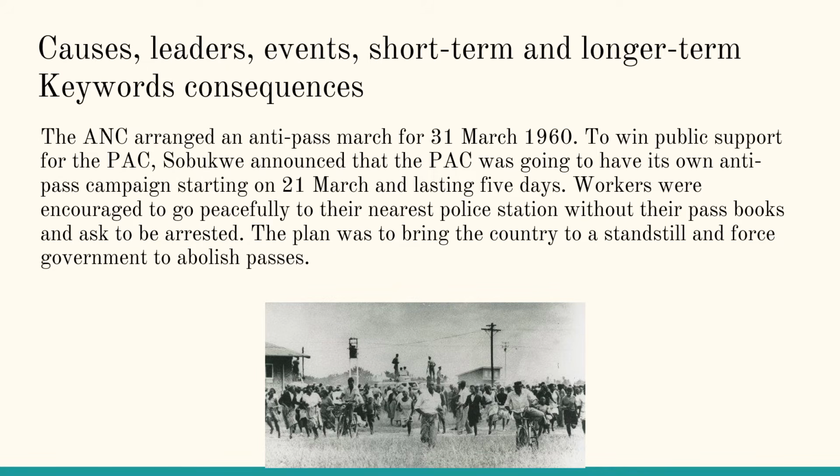Workers were encouraged to go peacefully to their nearest police station without their passbooks and asked to be arrested. The plan was to bring the country to a standstill and force government to abolish passes.